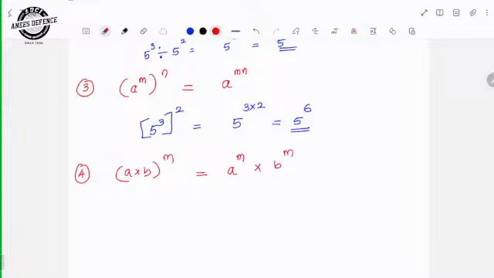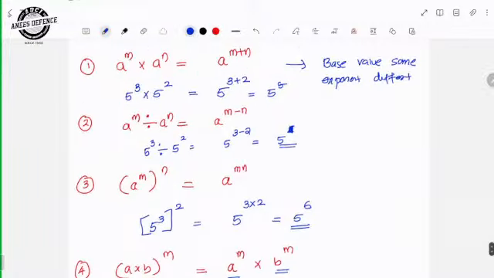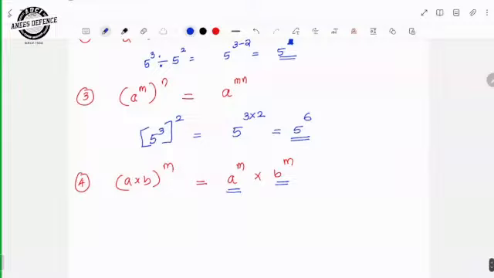Here the base values are different, but the exponent is the same.